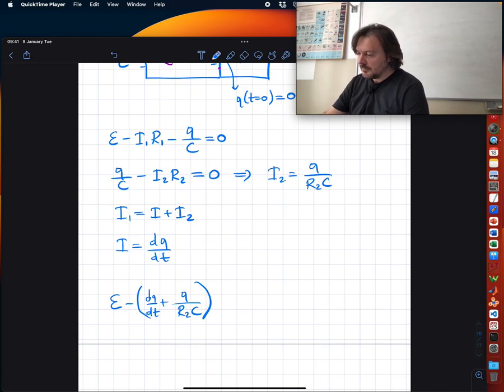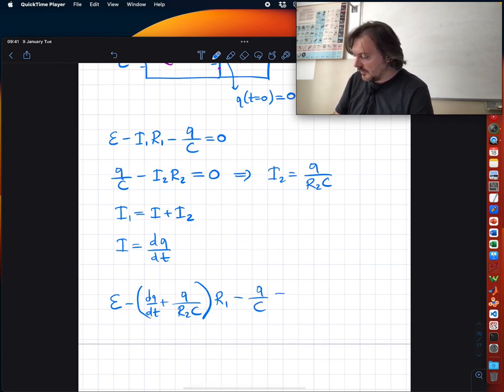I1 was I plus I2, and I is dq over dt, so I wrote dq over dt, and I2 is q over R2C, so I wrote q over R2C. Did you follow this? Yes? Anyone who didn't follow this? Everybody follows. Minus q over C equals 0.